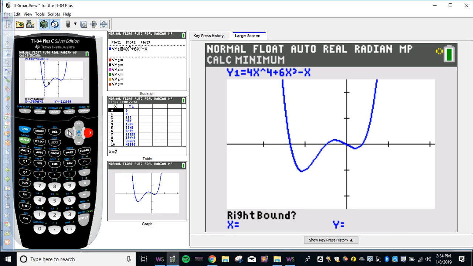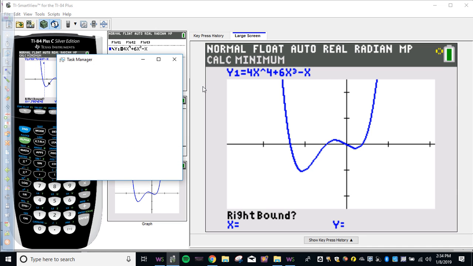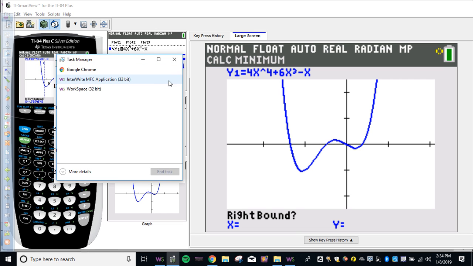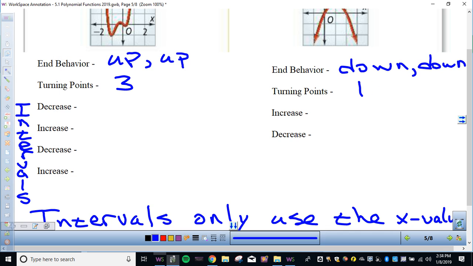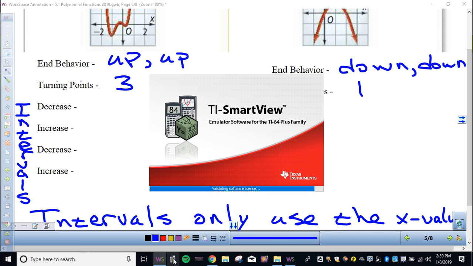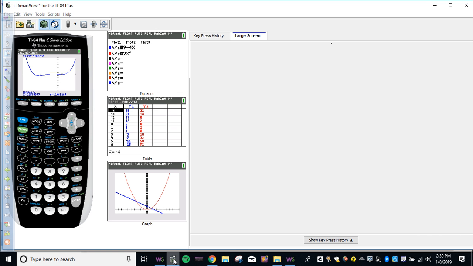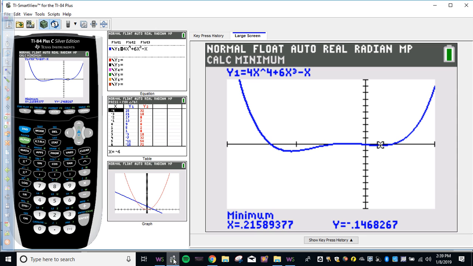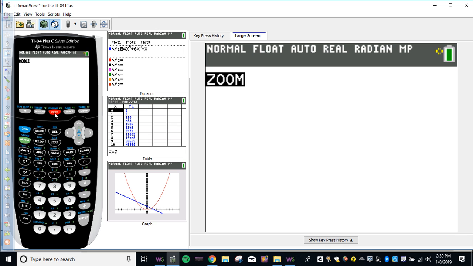One second. Try that again. Give me 1 second there.